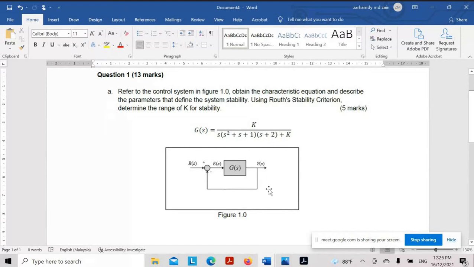This is the example of test 2, question 1A, normally 5 marks, to focus on this table, the Routh rubric.